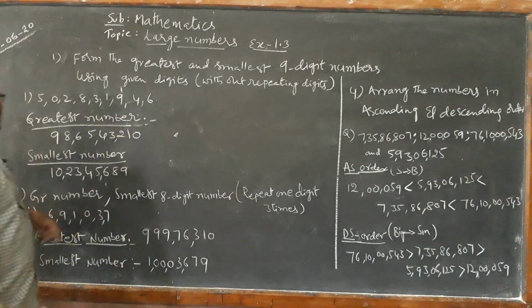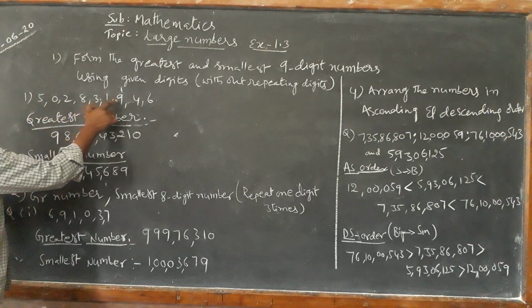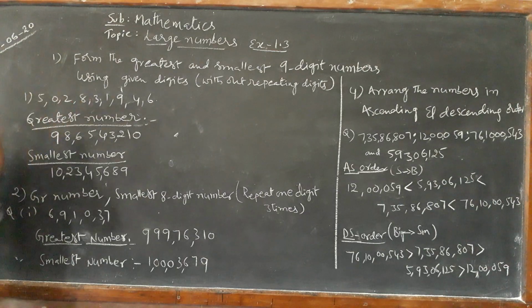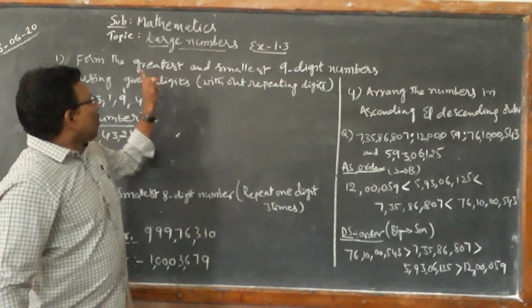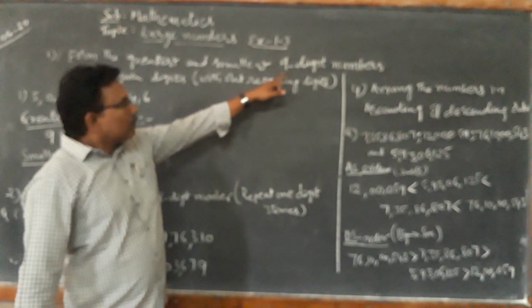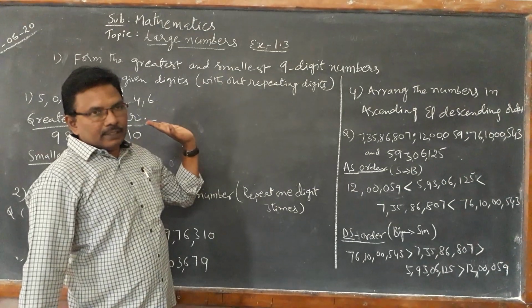By using the digits, here see how many digits are there here? 1, 2, 3, 4, 5, 6, 7, 8, 9. Okay, 9 digits are there. We can use all those digits. So you should get the smallest number and the greatest number that should have 9 digits. That means the digits should not be repeated.